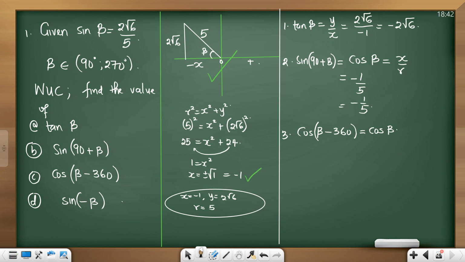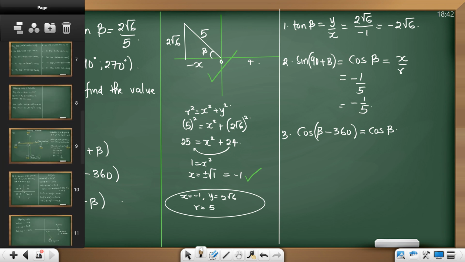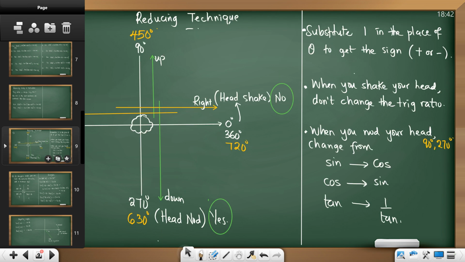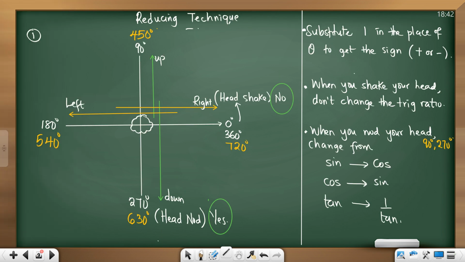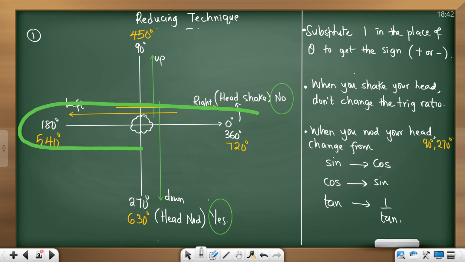If you remember my diagram, I am not changing the trig ratio. Guys, 360 is horizontal. Let me remind you of that diagram again. Some of you have forgotten. Anytime I'm moving between 0, 180 and 360, horizontal values, I don't change.